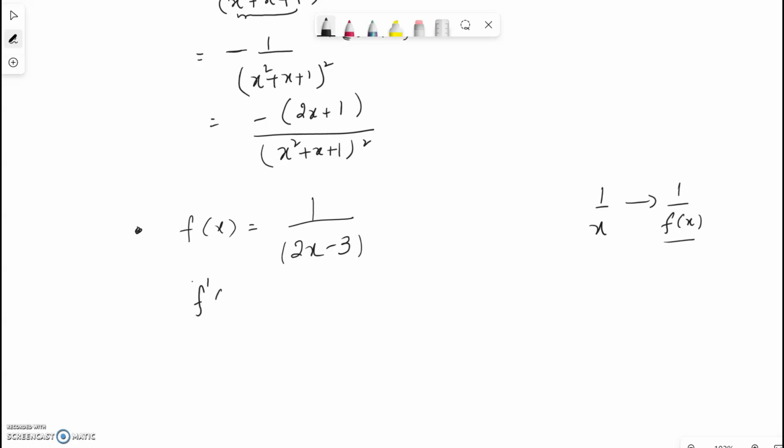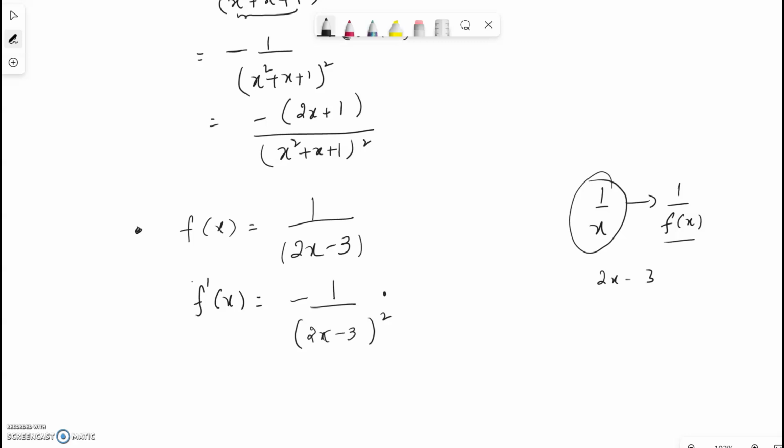So f prime of x is, since this is a function of a function, the outer function is 1 over x, the inner function is 2x minus 3. So now we have negative 1 over x squared. That's the formula initially, but instead of x we have 2x minus 3.